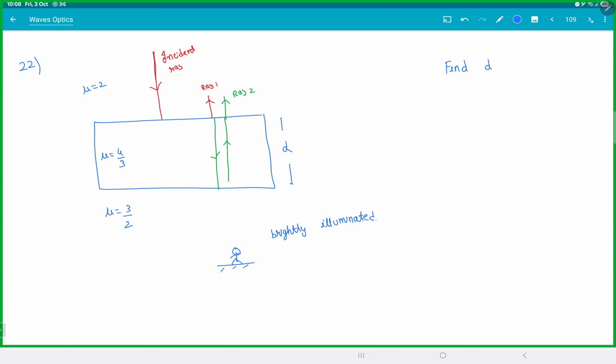So the observer is actually seeing the refraction interference. In the picture, actually, they will not show this. They will give like this only. Now you need to figure out that. I am just drawing that picture for you. Let's see how you do this thing.